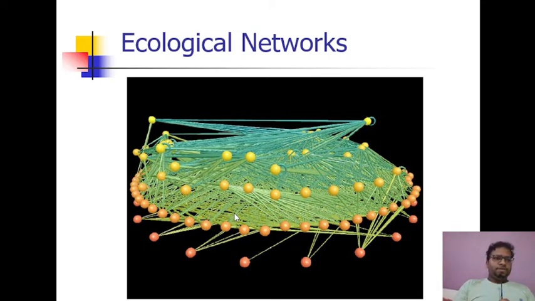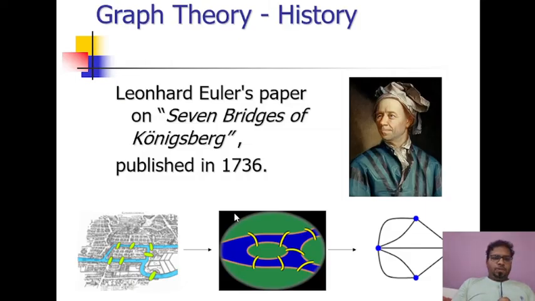Now the question comes: when did the idea of graph theory start? The whole idea comes around 1700. The first concept was the seven bridges, given by Euler.